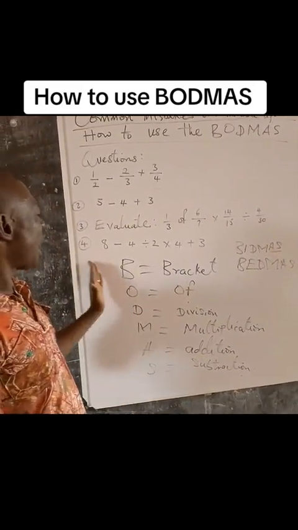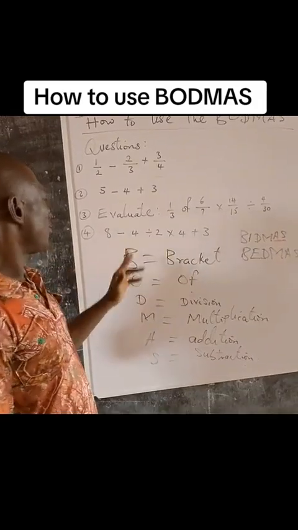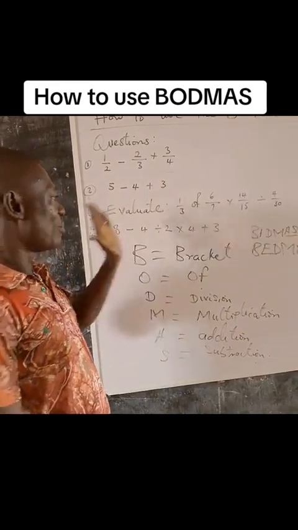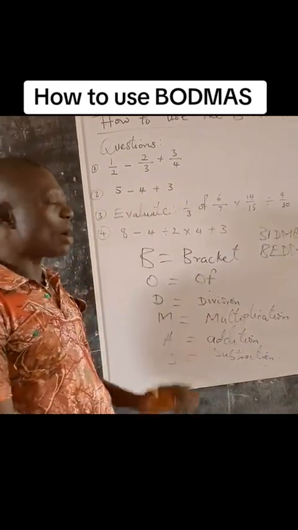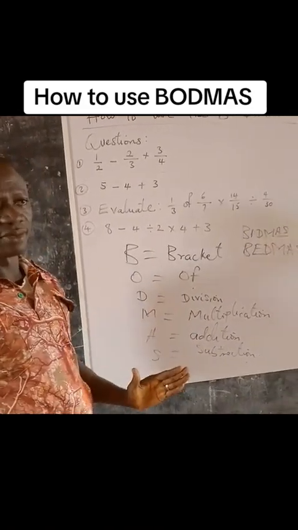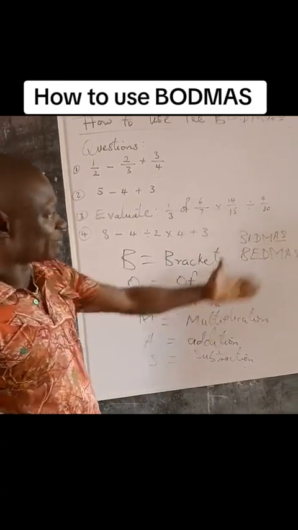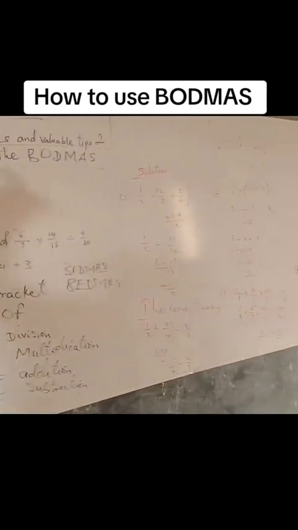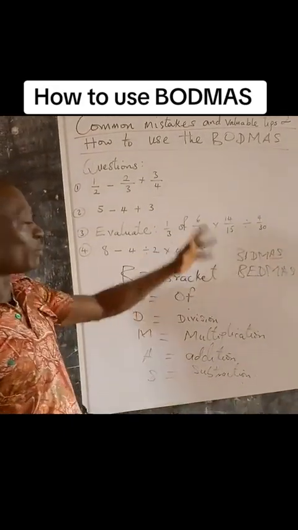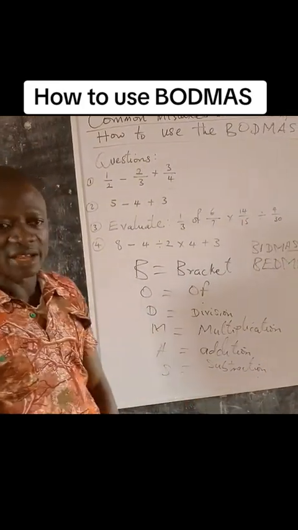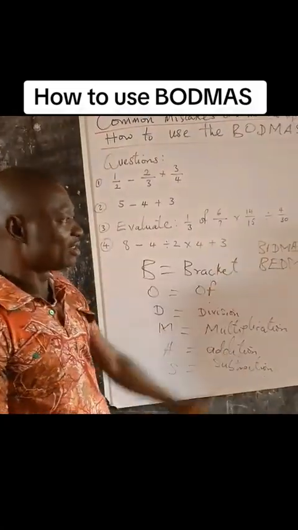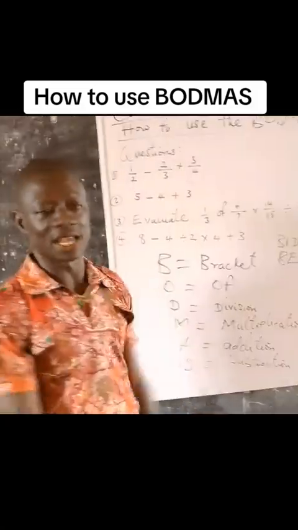Then, if you have the one where they are mixed up, addition, subtraction, division, multiplication and subtraction, when they are mixed up, you have to follow BODMAS strictly. I hope this has made a lot of meaning. And these common mistakes people make in the use of BODMAS, whether it is whole number, decimal, fraction, or algebra, from today, you will no longer continue to make that mistake.